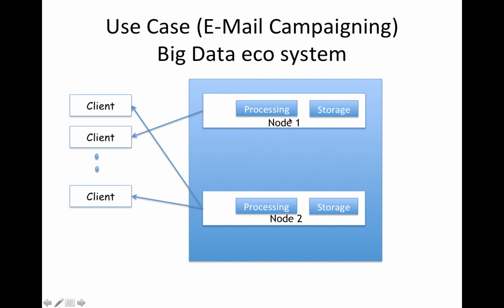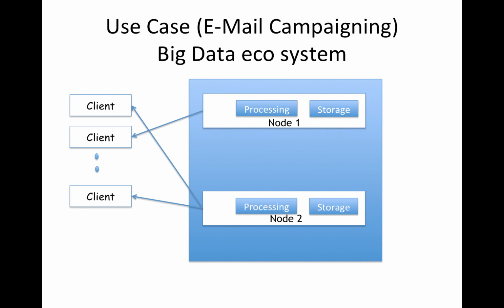So this is called data locality. Your data, which is the storage, and the code, which is the processing, are co-locating, and it can give you optimal performance for some use cases like email campaigning.